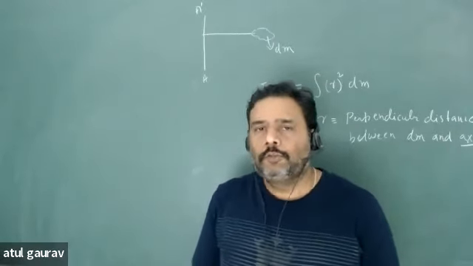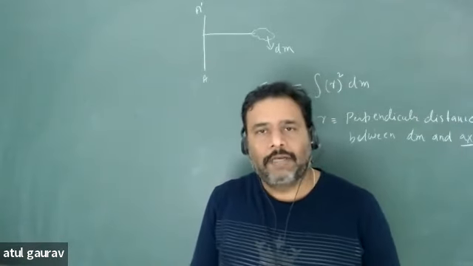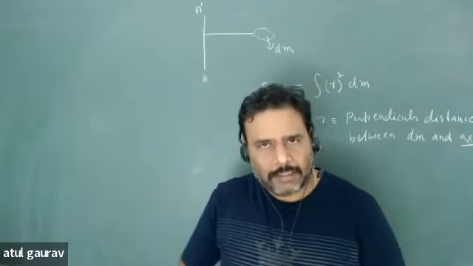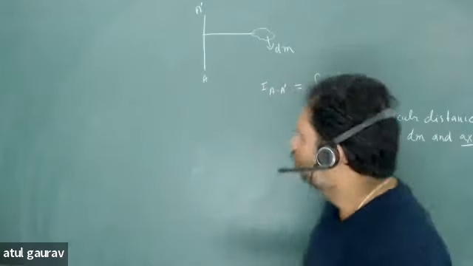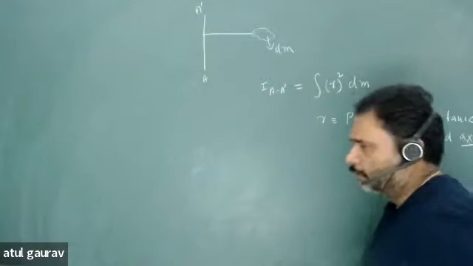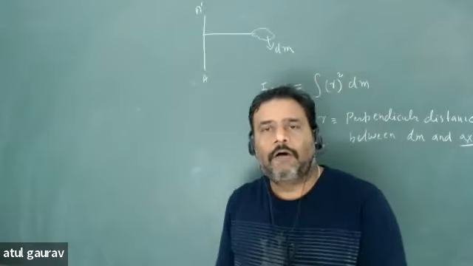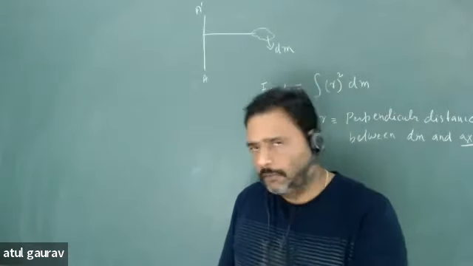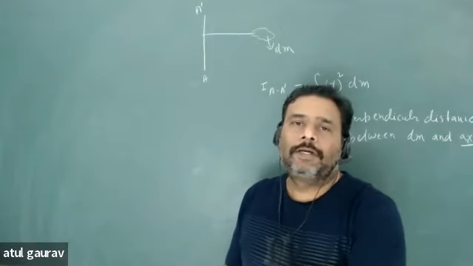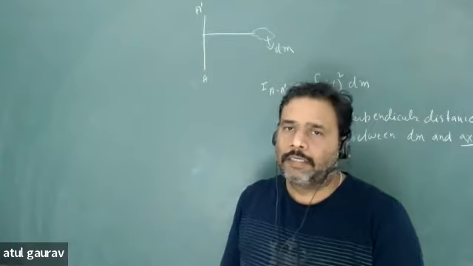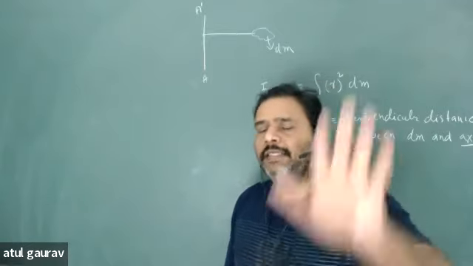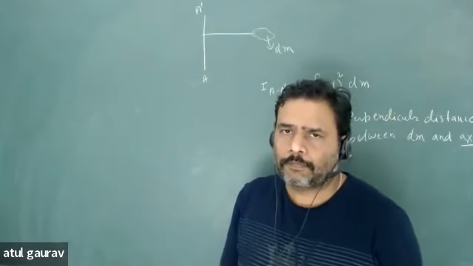Each and every problem can be solved this way. If you know how your mass is distributed, you can find the dm, and if you are able to calculate the perpendicular distance with the axis, then you can easily calculate it.